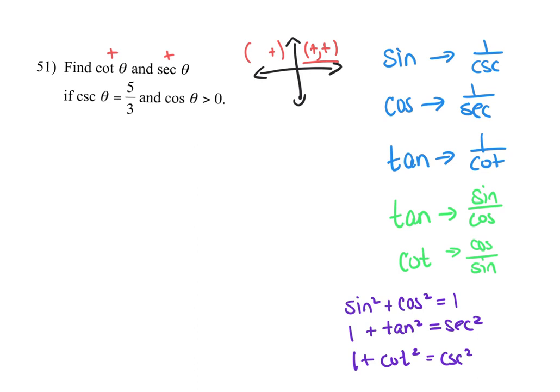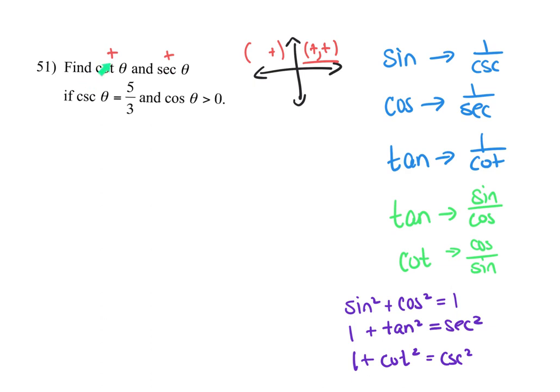So I'm going to look at all of my identities and say, do these help me? Well, cosecant will help me find cotangent. Why? Because 1 plus cotangent squared equals cosecant squared, right? Cosecant will also help me find secant because the reciprocal of cosecant is sine. If I find my sine, I can use that to find my cosine, which is going to give me secant.